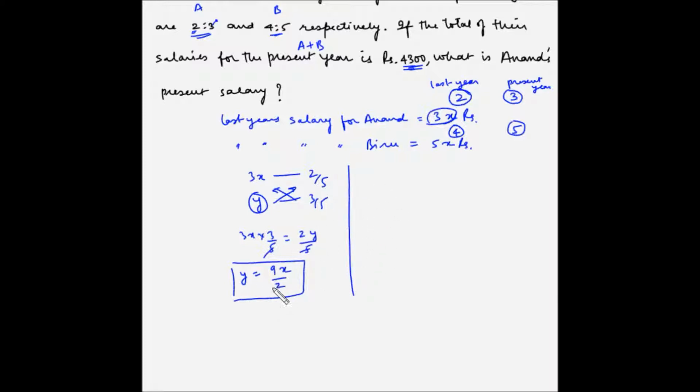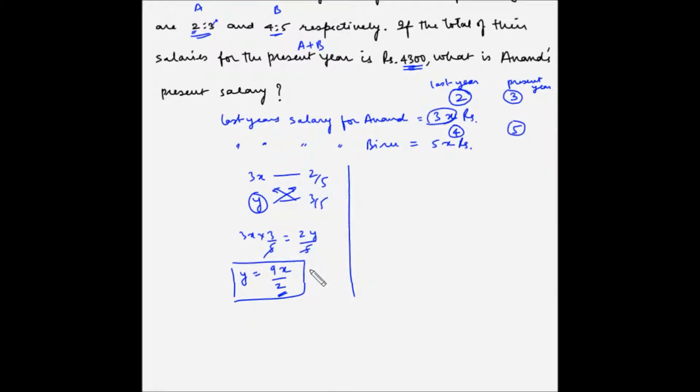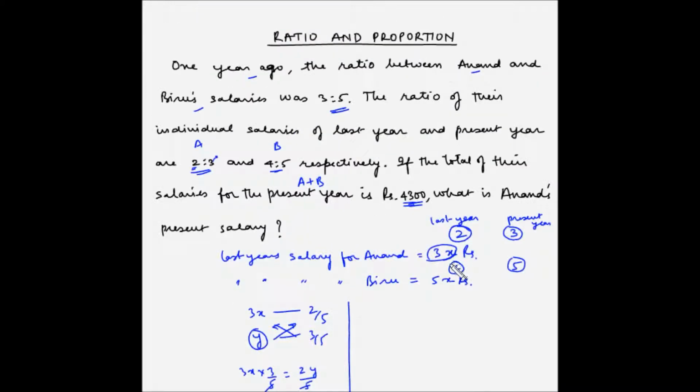So this is nothing but the present salary for Anand in terms of x, because we know the last year's salary for Anand in terms of x, and we know the ratio between last year's salary and this year's salary. So we were able to find out this year's salary in terms of x.